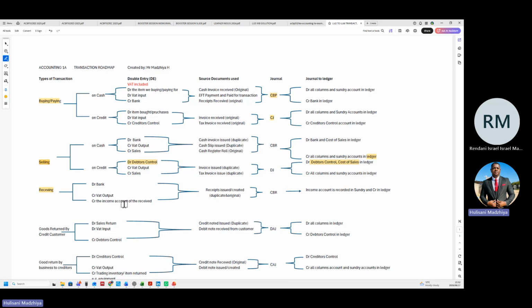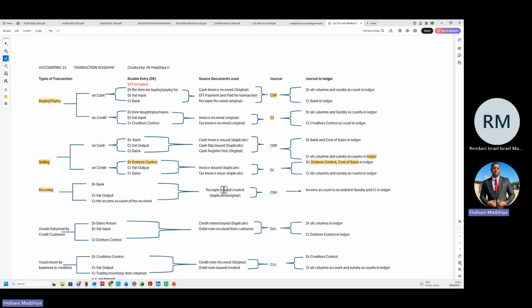So normally all of those where we are receiving money go to the sundry accounts, where you record under details and then under amount. Under details, you write the name of the account. If it's rent income, you write rent income. If it's interest income, you write interest income. This is recorded after creating or issuing a receipt.